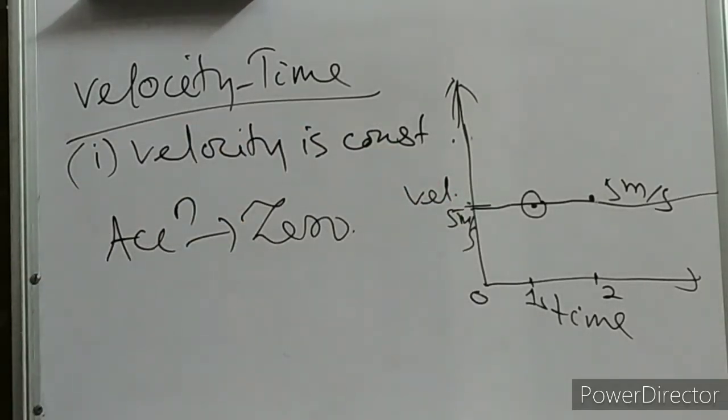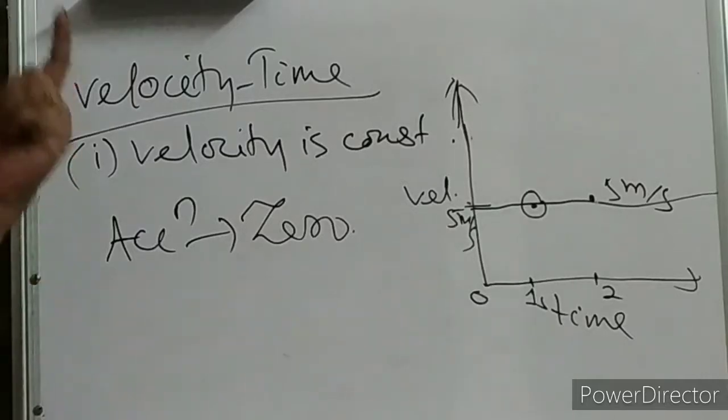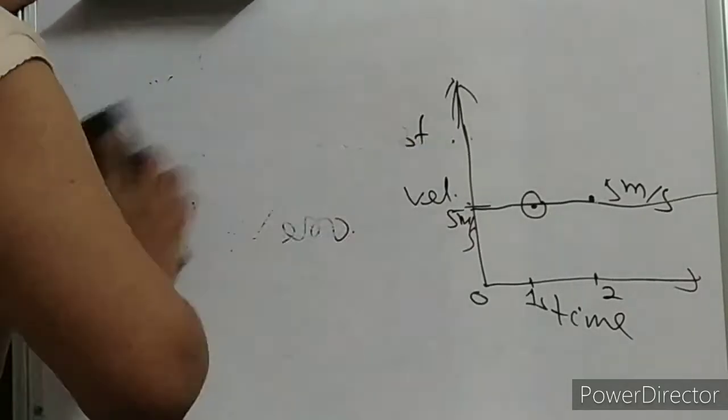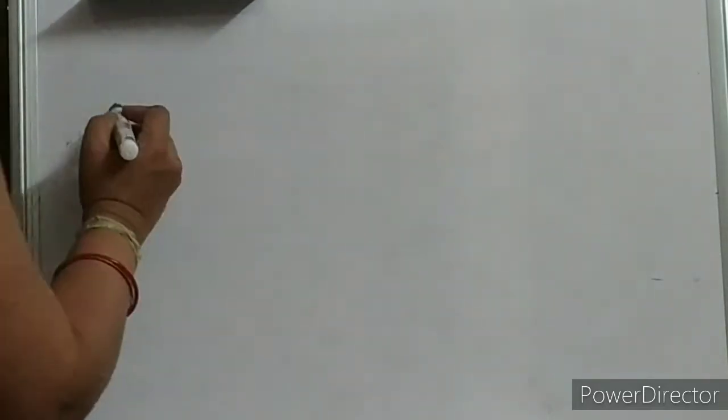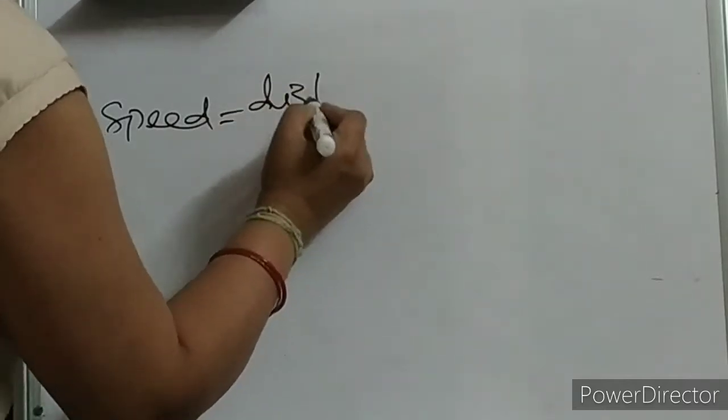We can find the displacement traveled, or you can say we can find the distance traveled, from the speed-time graph in a given time. How to calculate, children? Speed and time. We know speed is equal to distance by time taken.